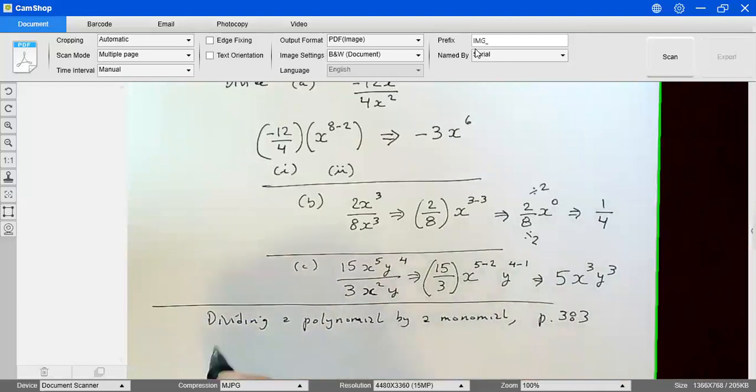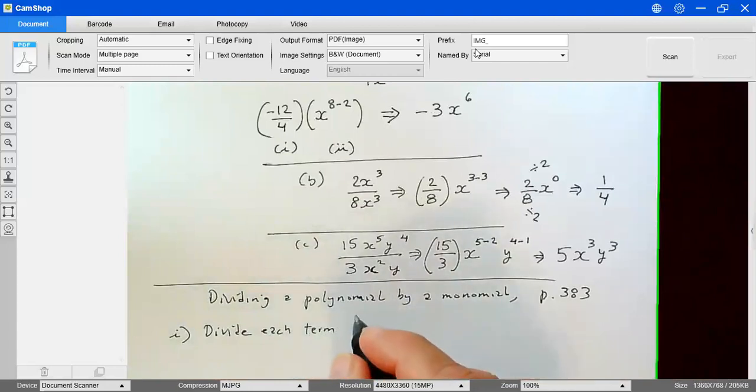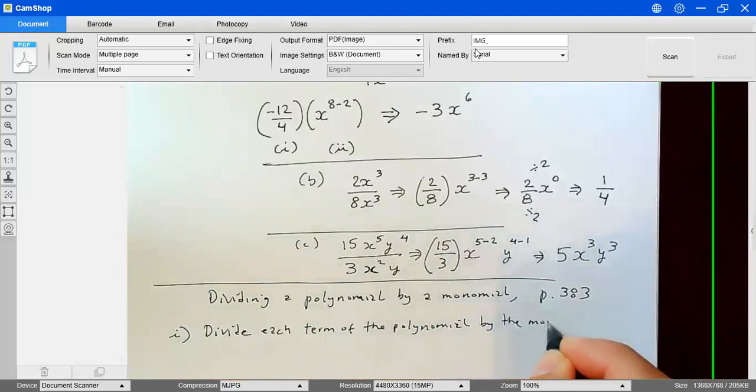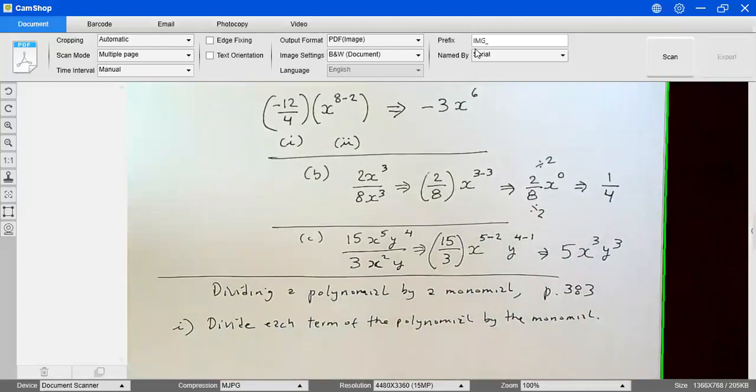For this, you only need to divide each term of the polynomial by the monomial. So we're going to divide each term in the numerator by the denominator. So we're going to break a huge fraction into several fractions. You're going to see that now.